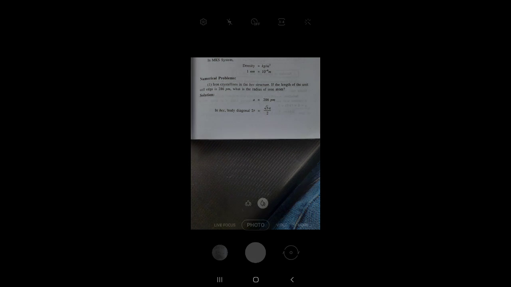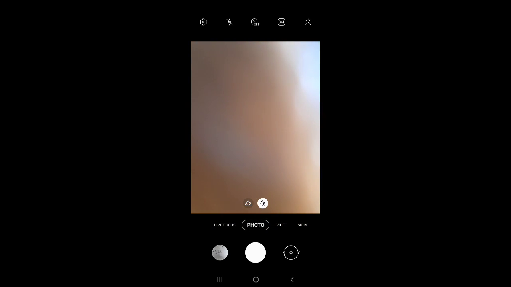Iron crystallizes in the BCC structure. Remember, iron crystallizes in the BCC structure. If the length of the unit cell edge is 286 picometer, what is the radius of iron?